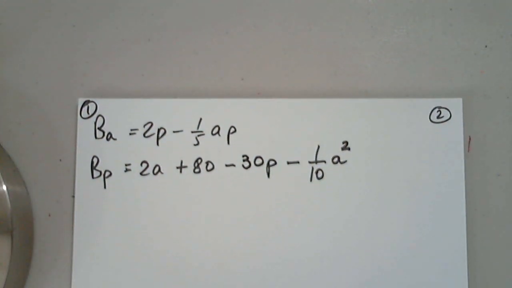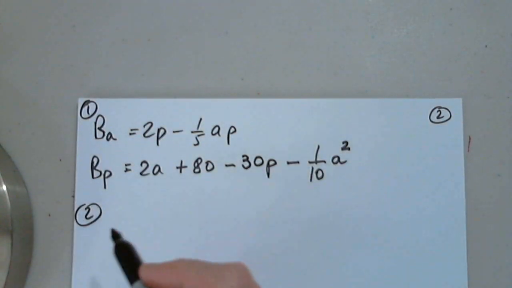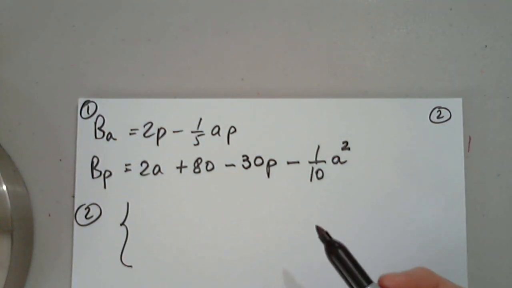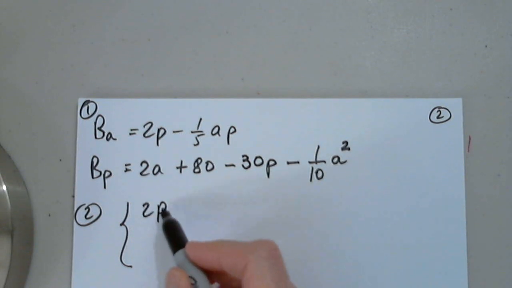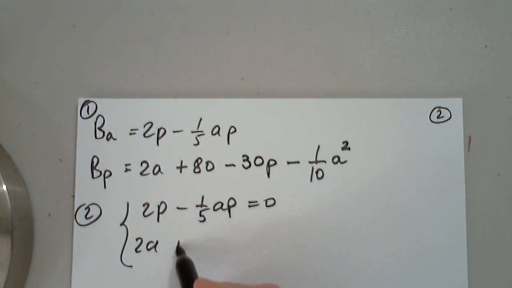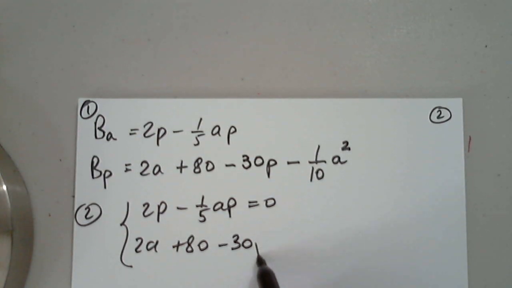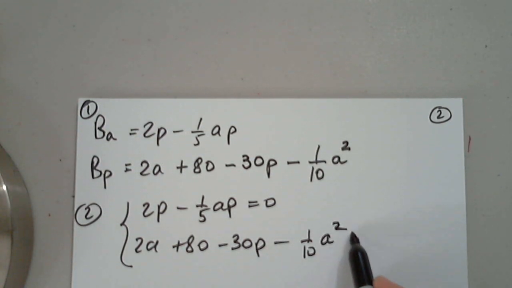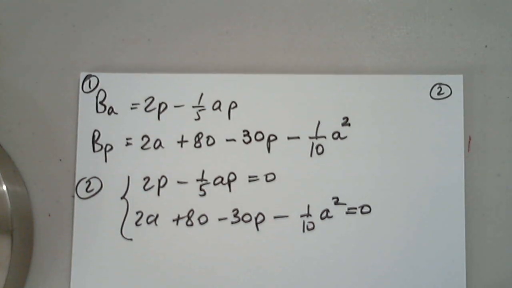Yes. Perfect. Good. So remember in step 2, we have to create the system. So 2p minus 1 over 5 AP equals 0. And 2a plus 80 minus 30p minus 1 over 10 a squared equals 0. So let's come back to the easiest of the two equations, which is the first one.